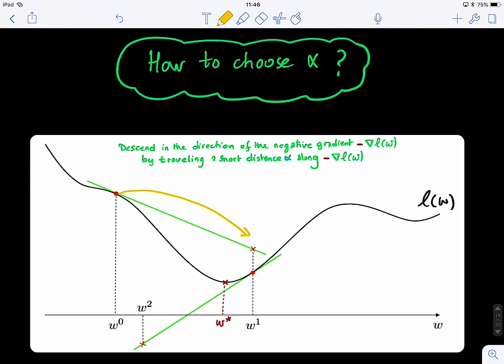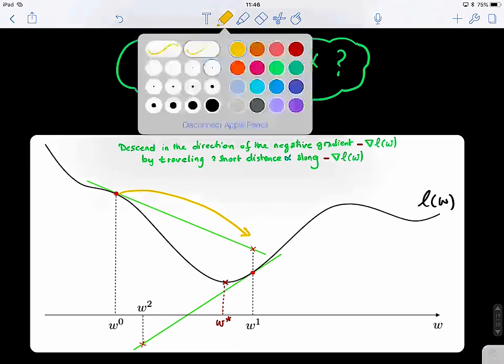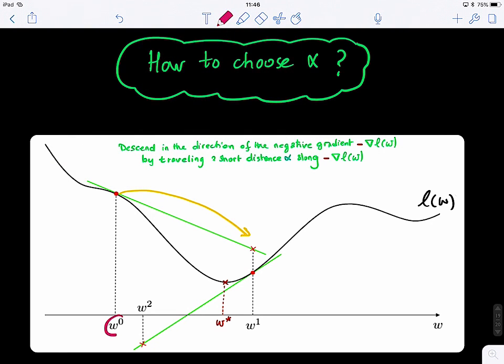In the first one, we're going to go from our W0, move downward. This is our alpha. And right here, compute the gradient again. And what we'll find, if we take the same alpha, same length, is this. We overshoot the minimum, right? So the minimum is right there. So this is not good. A quite large alpha is not good.